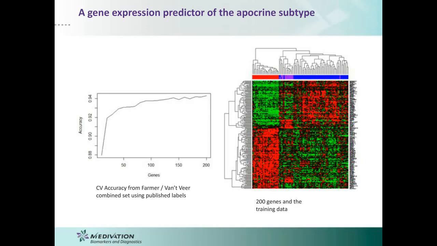And so in the end, we used about 200 genes, which produced around a 94% accuracy. Those genes are shown in that heat map on the right. And at this level, we could produce a classifier that we could take over to our study cohort and predict apocrine subtype and understand if those predictions were associated with response.